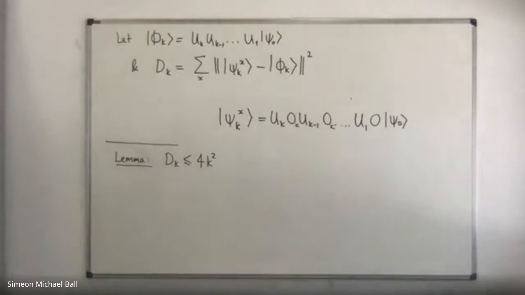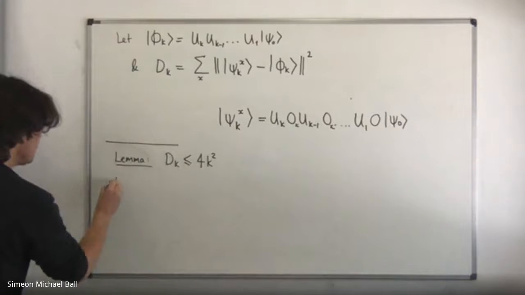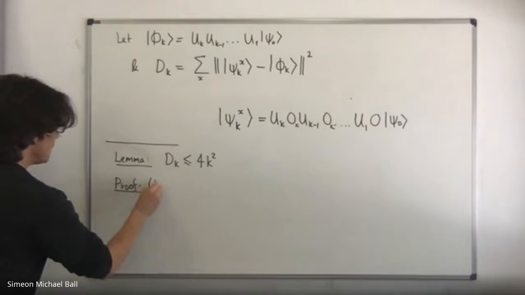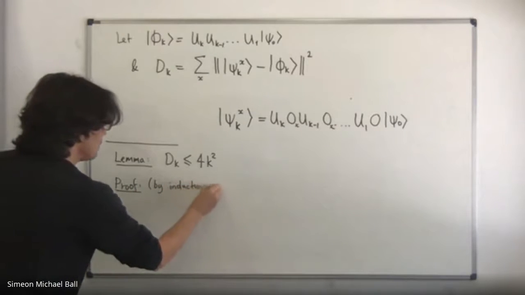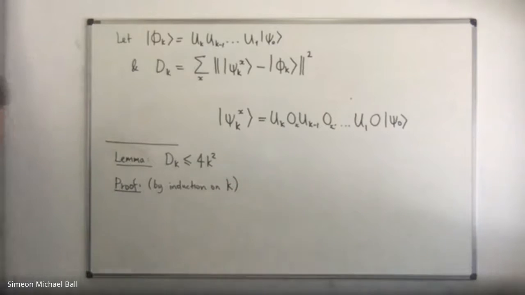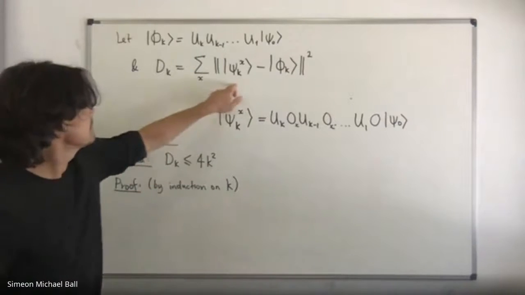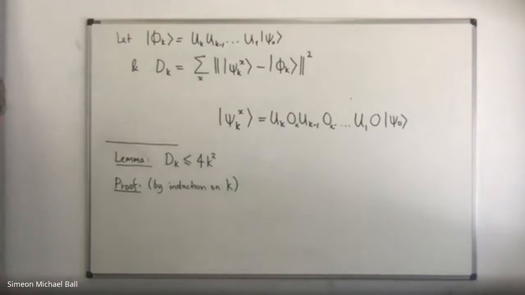We just proved that for k equals 1, but now we're going to prove it for general k. So the proof will be by induction on k. Really, the base case would just be k equals 0, which is also fine because it's exactly the same thing.